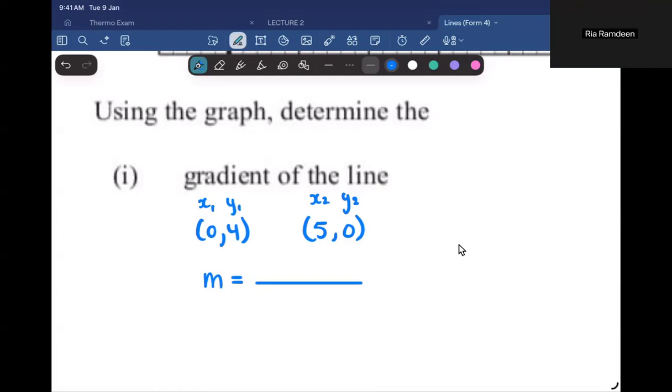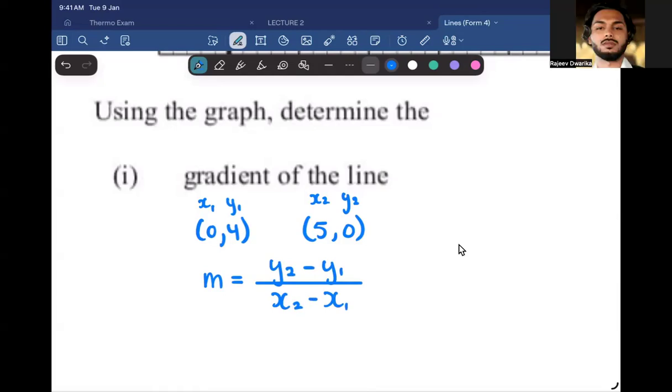So y2 minus y1 over x2 minus x1. I was mixed up. When I said change in y, does that confuse you? Be honest.